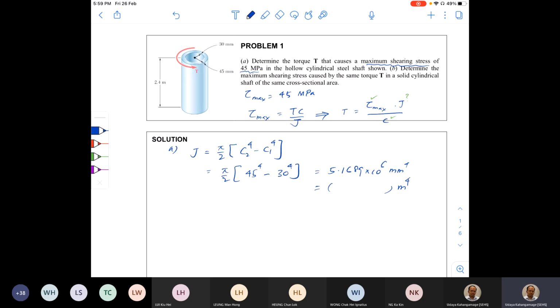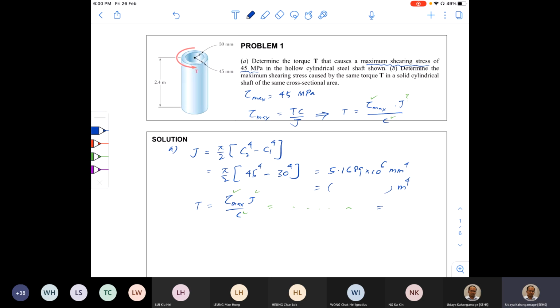Okay, so now you can write T is equal to tau max into J over C. Everything is known now, so you can find the answer. The answer is given to you, right? Do the calculation and you can find the answer.